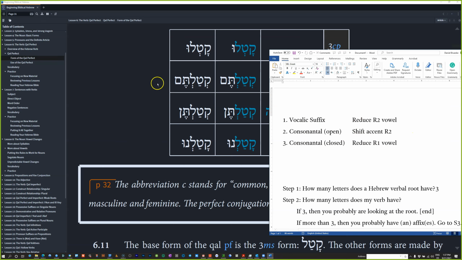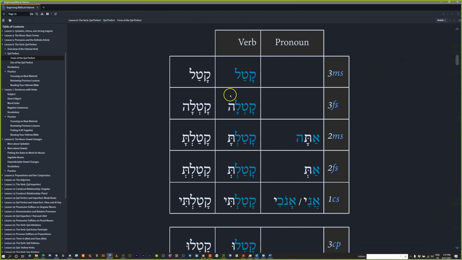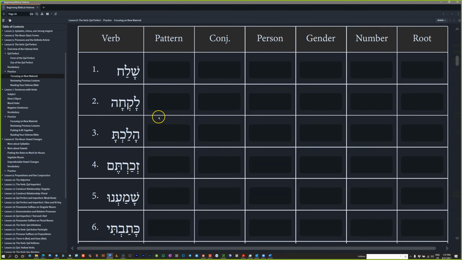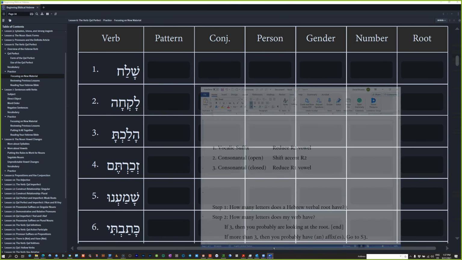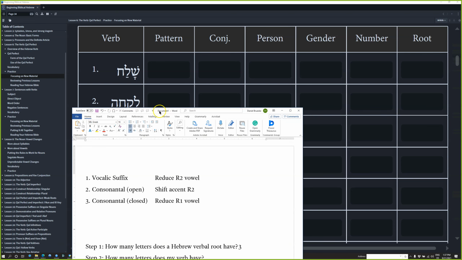All right, and so that's kind of what's going on with all of these vowel changes, which can sometimes confuse students. But what I like to say is, when you're looking at an actual word, so let's go back here to our parsings, I say don't even look at the vowels.